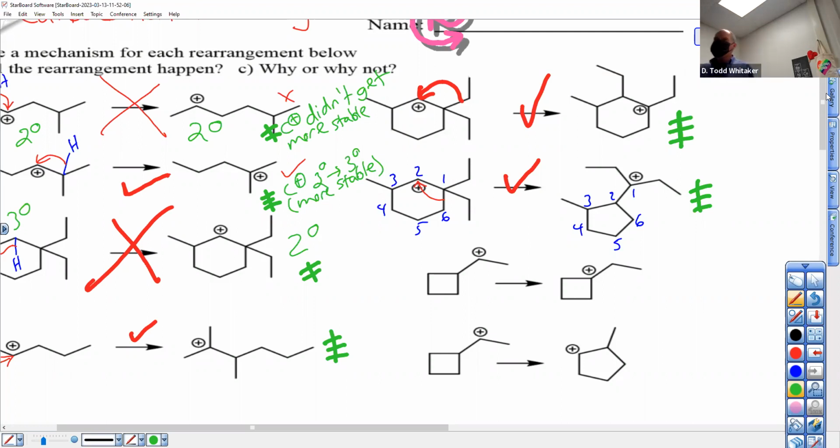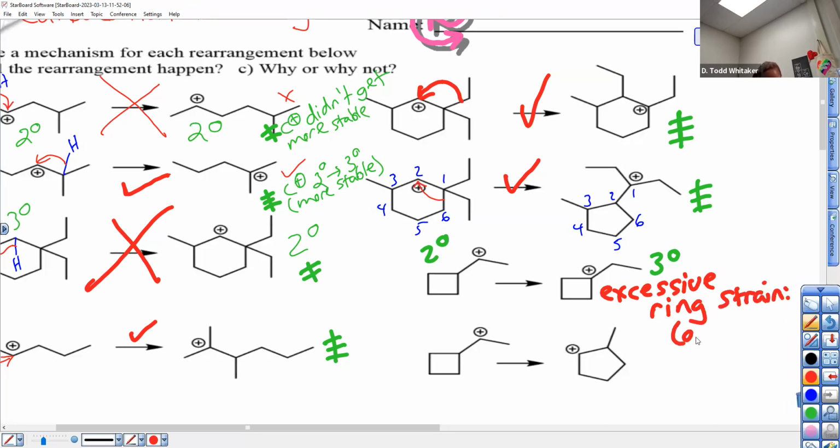Well, that's a big hint that even though this thing goes from secondary to tertiary, I don't care. This has excessive ring strain. There's two forms, angle plus torsional.